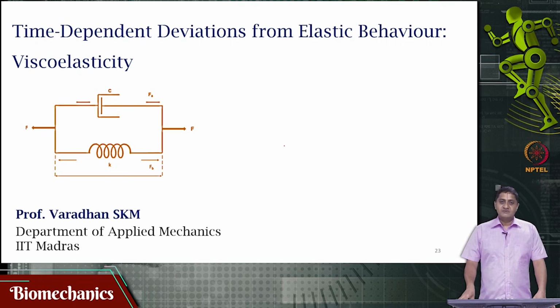In this video, we will continue our discussion on viscoelasticity, which is time dependent deviation in elastic behavior, that is, time or strain rate dependent changes in elastic behavior. Most biological materials are viscoelastic, so it makes sense for us to understand how viscoelasticity works.